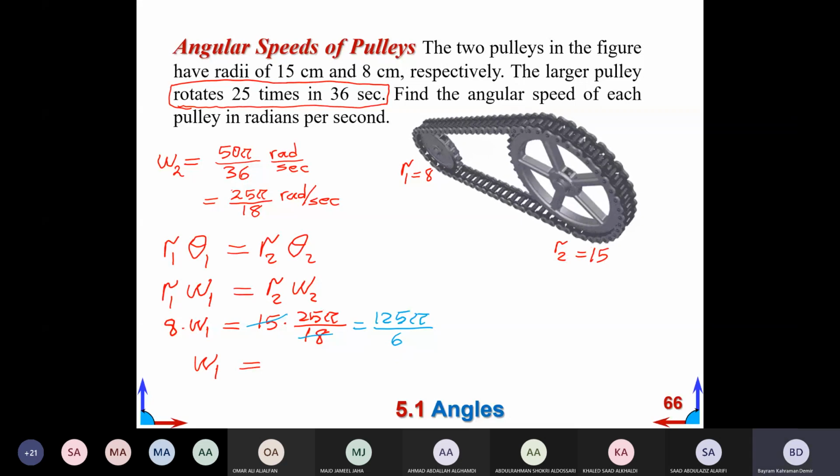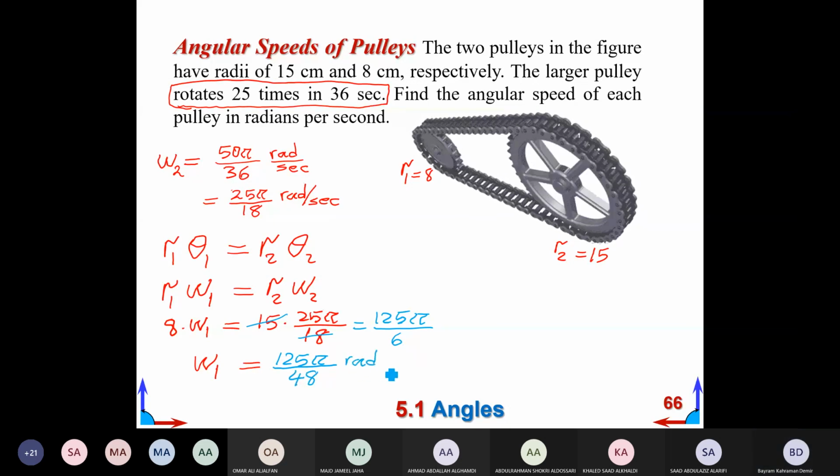So omega 1 will be 125 pi divided by 6 times 8, which is 48, radian per second. So it is faster than the larger gear, of course, Shabab. 125 pi over 48 is much faster than 25 pi over 18.